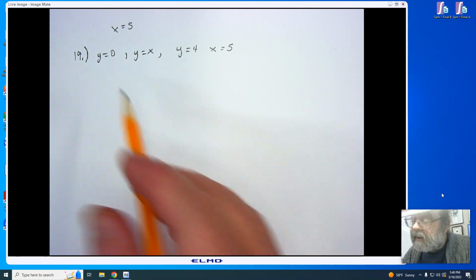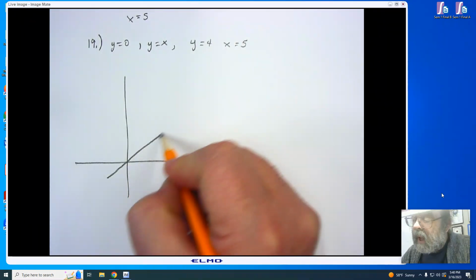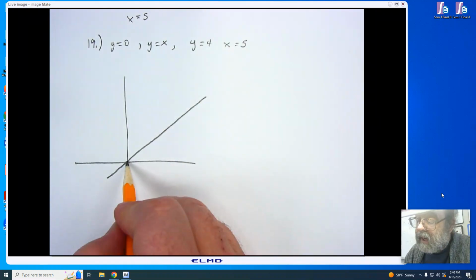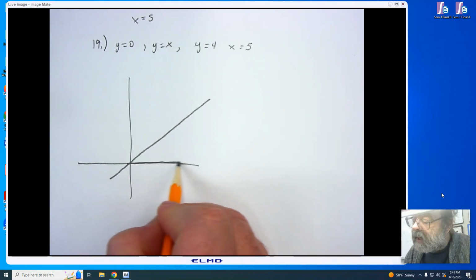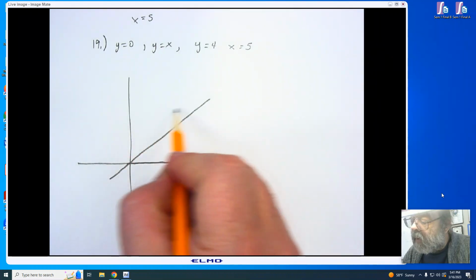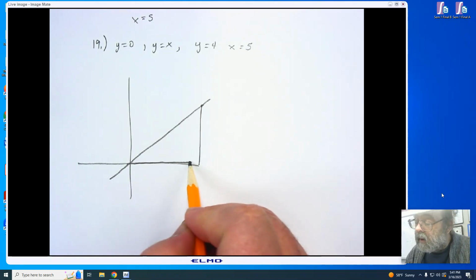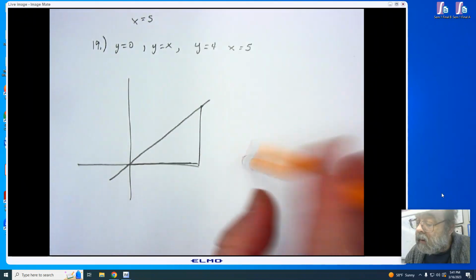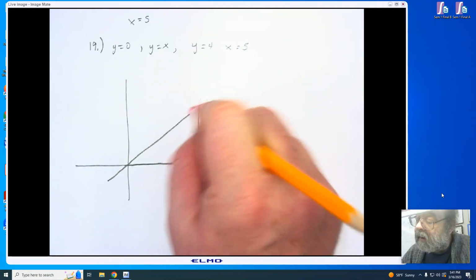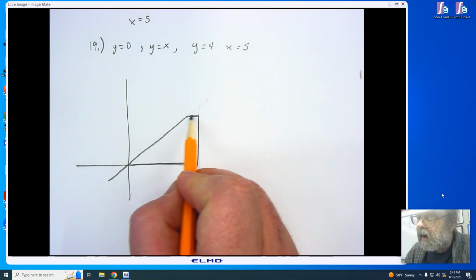Let's just see, we've got a line going up like this. My y equals 0 goes across like so. We have y equaling 4. It's going to cut it right here and here. Oh, it's actually cutting it a little bit lower, right there.